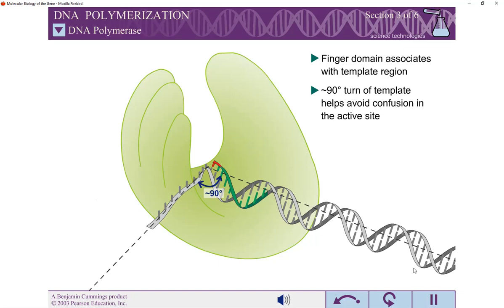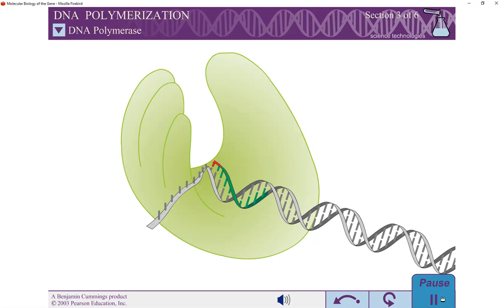This conformation of the template leaves only a single template base in the active site, preventing any confusion as to which base is ready to pair with the next nucleotide to be added. So which nucleotide is going to be added, there would be no confusion among them. That is why this is moving in a particular direction.